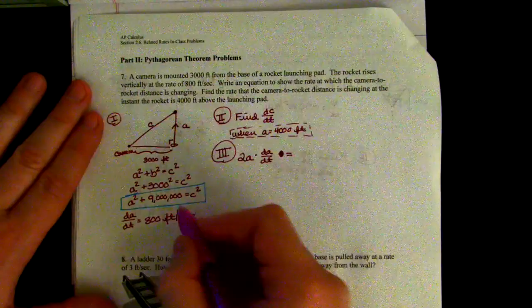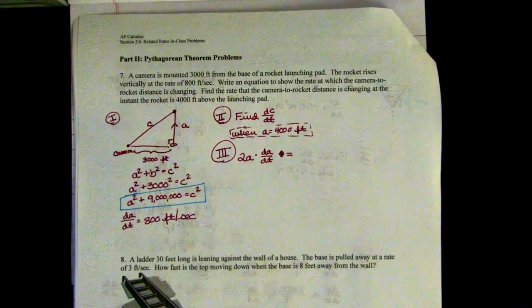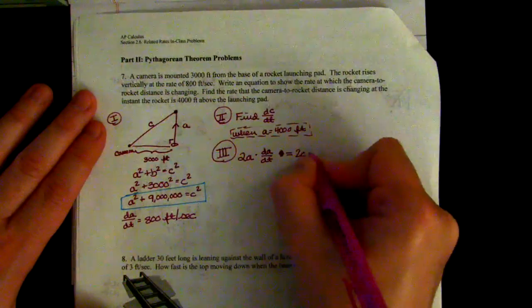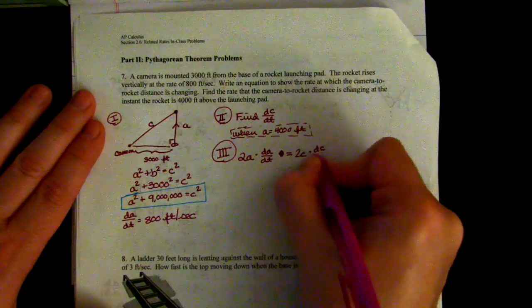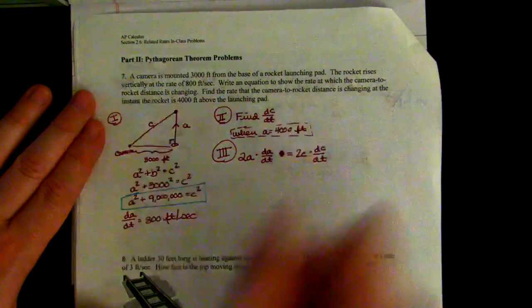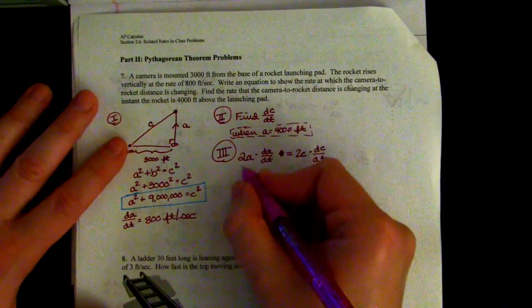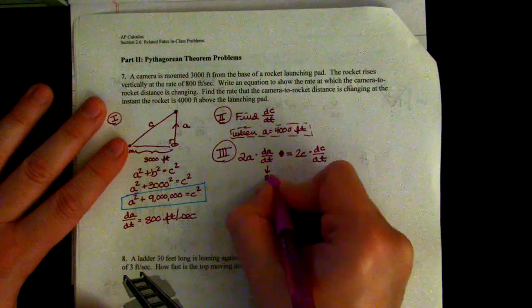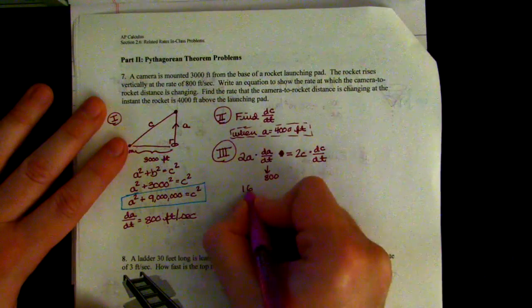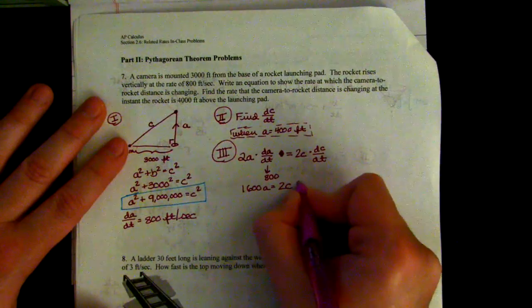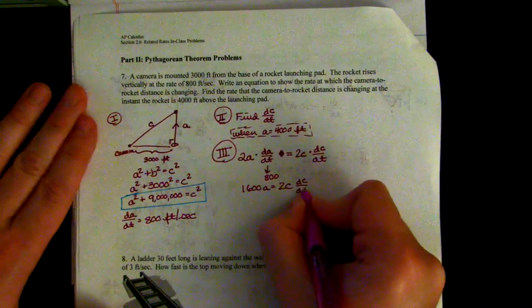On the other side, the derivative of C squared will give you what? I hope you said 2C times dC dt. I'm going to plug in my rate that is constant, so I'm going to plug in my dA dt. I'm going to plug in 800 for that. I'm going to get 1,600A equals 2C dC dt.